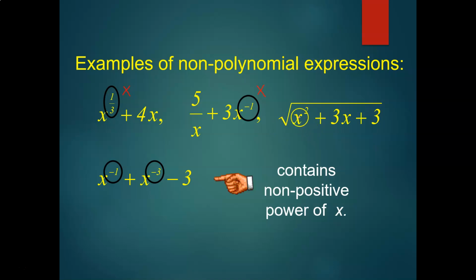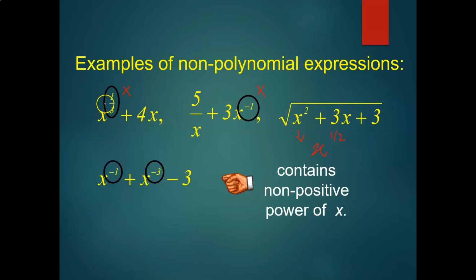Same for this one. This is x squared. Even though here it is a positive integer, it has a square root. So this square root, in other words, becomes x to the power of 1 over 2. So we have x to the power of 1 over 2, which is quite similar to this.